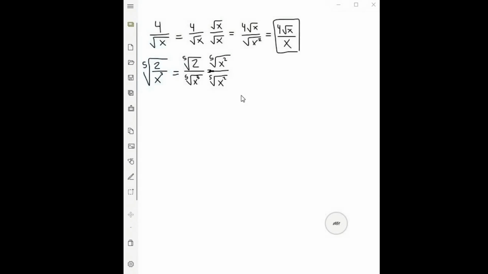We do that by multiplying the top and the bottom by the fifth root of x squared, because x squared times x to the 3 equals x to the 5. X to the power of 5 now matches the index. Because it matches the index, we've successfully rationalized the denominator. The root sign will now disappear, and we'll be left with x. And remember, whatever we do to the top, we must do to the bottom as well.